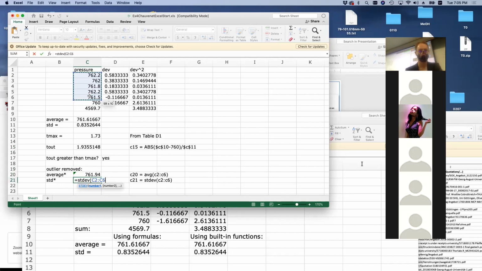So we're going to select from here to here. Okay, and now you can see the average increased a bit relative to what it was before. That makes sense because this outlier was lower than the other values, so it was skewing the result low. The other thing you can see is the standard deviation decreased rather significantly, which is also what you would expect if you remove an outlier.